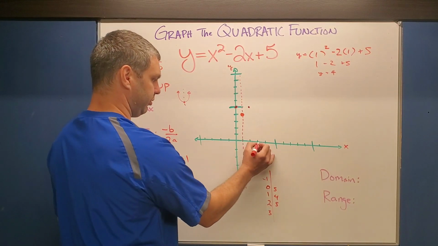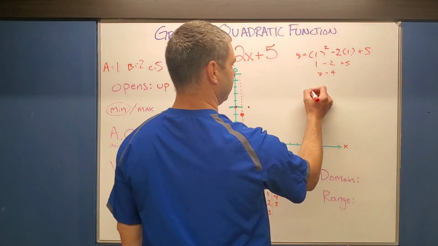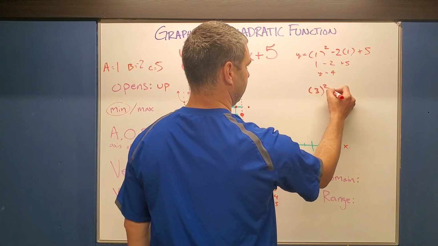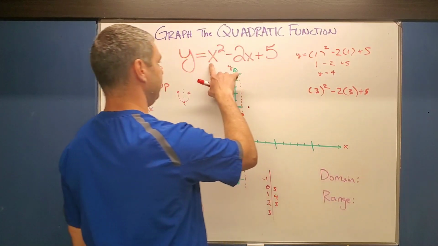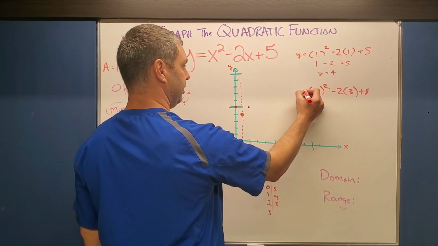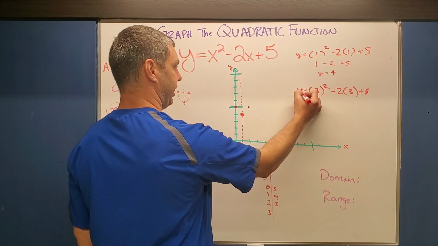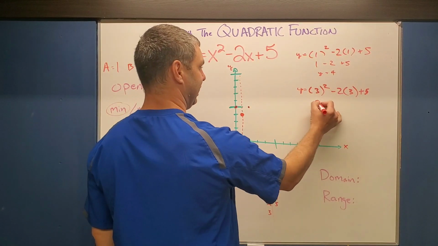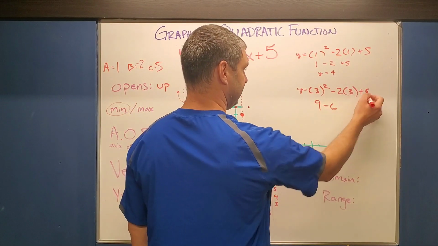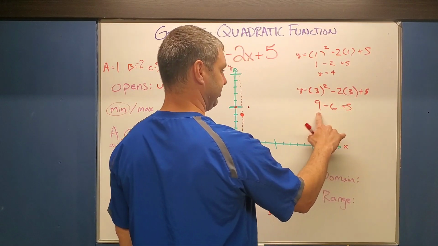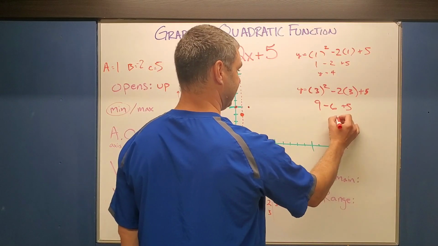If I plug in 3 to the same equation, and again, I got this by plugging in 3's for all my x's, we don't know what y value gets spat out at us. 3 squared is 9. -2 times 3 is -6, plus 5. So 9 minus 6 is 3. 3 plus 5 is 8.